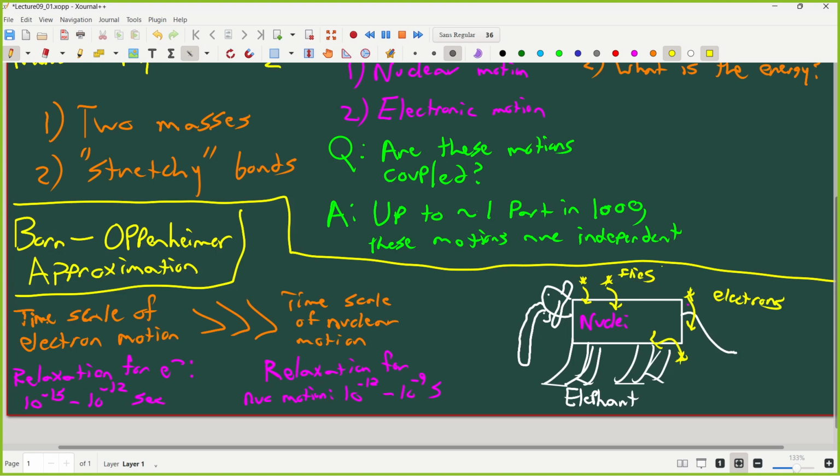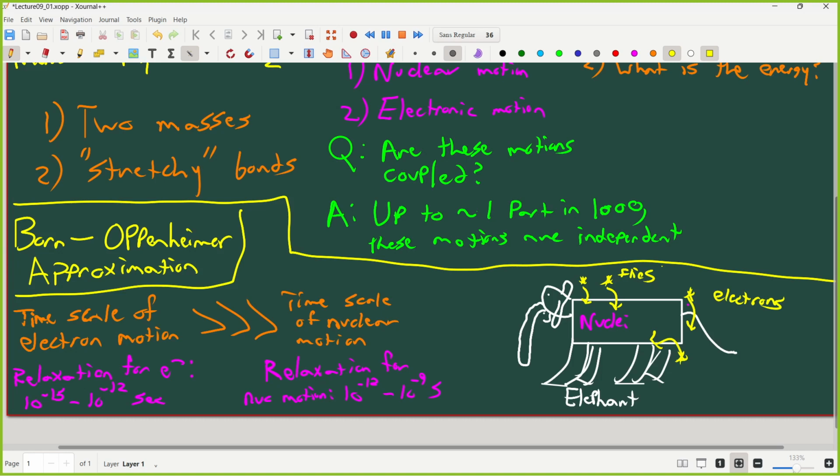So you've got a factor of 1,000 difference in energy between the two motions, and therefore a factor of 1,000 difference in momentum or speed. So you've been using the Born-Oppenheimer approximation every day. The fact that you can use different energy scales, NMR in the radio, infrared for vibrations, UV-vis for electronic, and so on. You've been using the Born-Oppenheimer approximation your entire career, you just didn't know it.